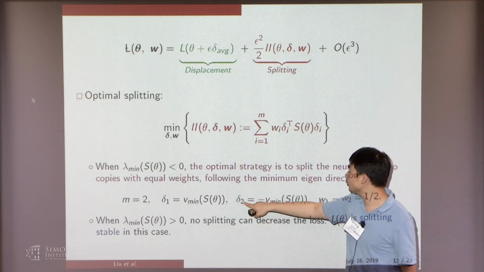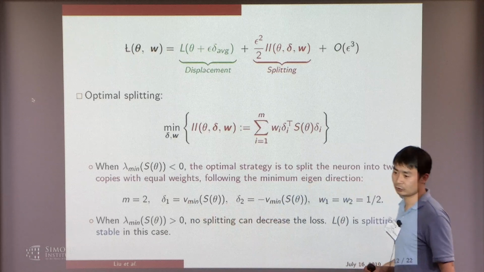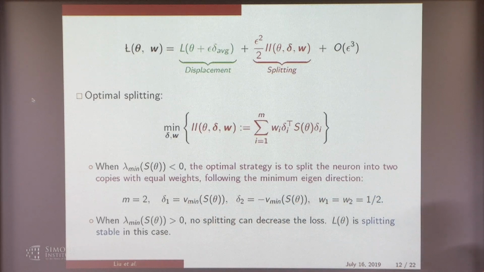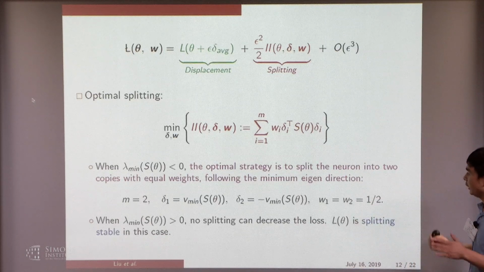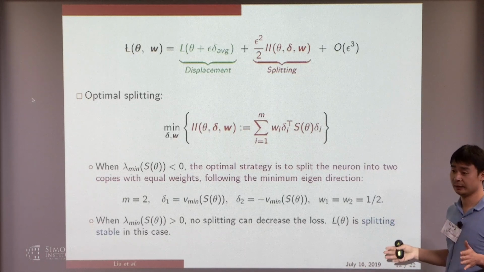The update direction of each neuron just follows the eigen direction of the minimum eigenvalue of S_theta. So it has this simple structure, so that it's both sufficient and optimal to split the neuron into 2 copies with equal weights.